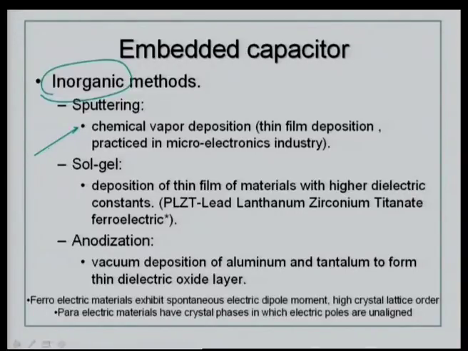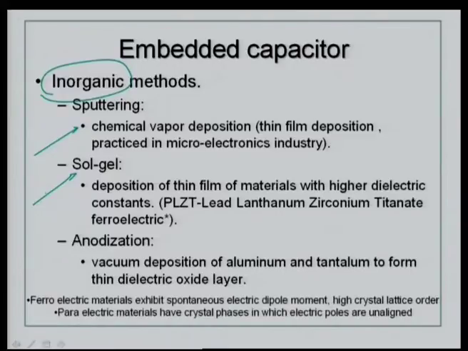Ideally, these are suited for small areas, not really suited for the large area fabrication that you would see in the printed wiring board arena. Then the second one is the sol gel method, where you can deposit a thin film of high dielectric constant material using the sol gel methodology that is well known in the materials field.